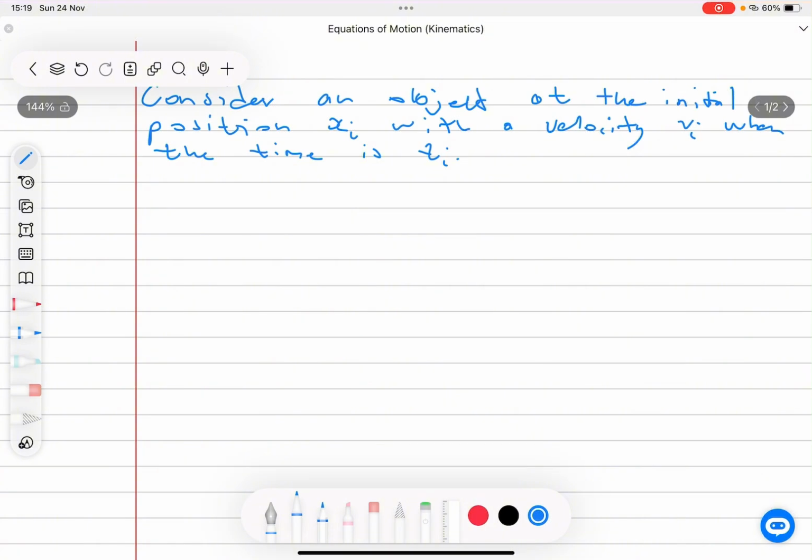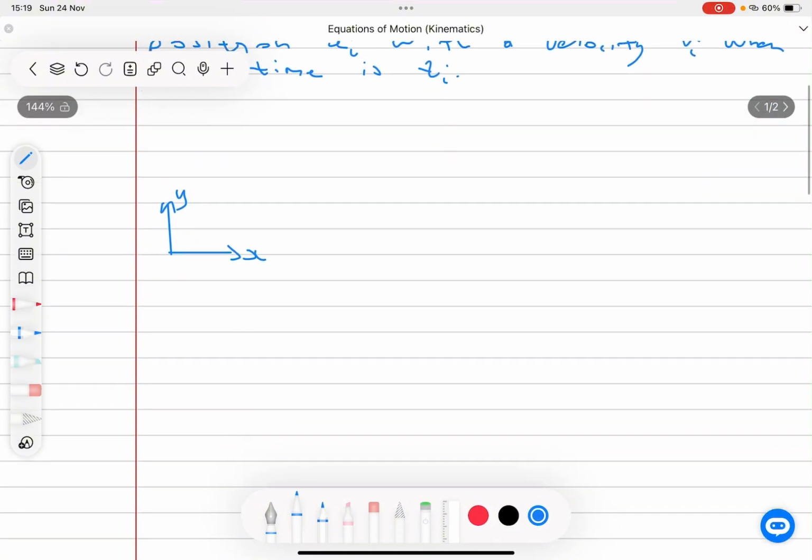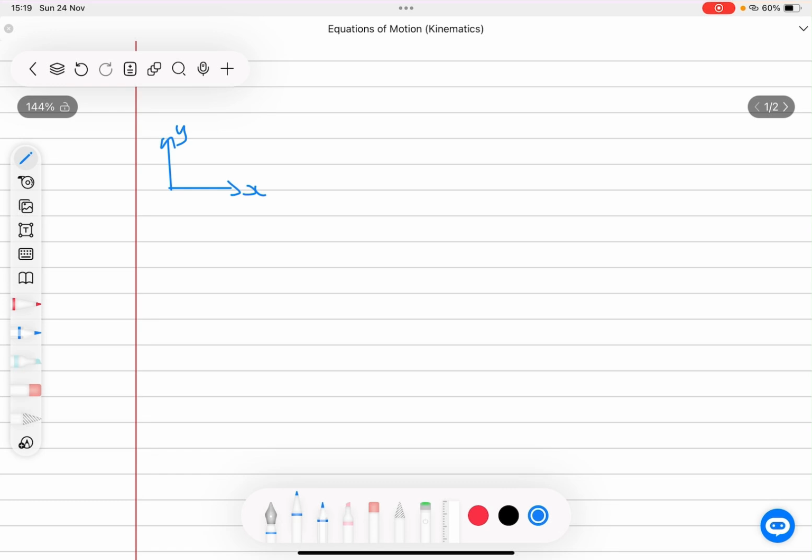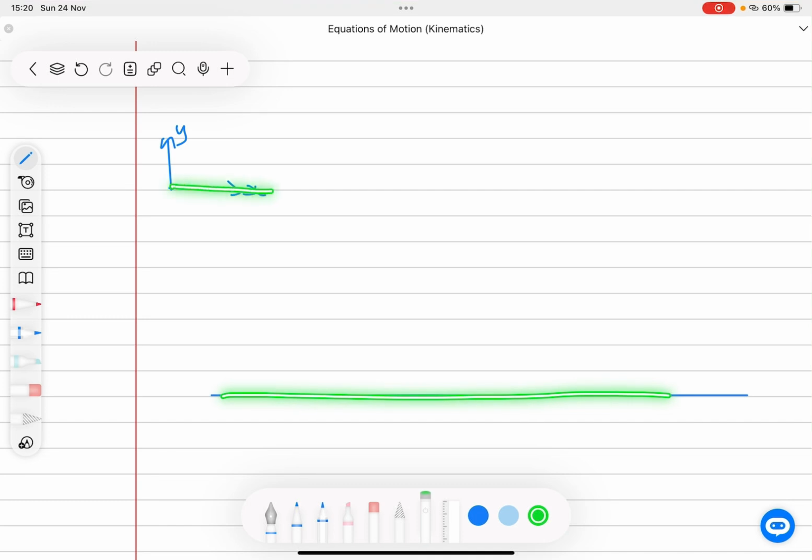Now, to demonstrate this on a diagram, I will choose a reference frame where I have my x axis this side and my y axis. I'll choose to work with the x-axis. So my motion is occurring along a line parallel to the x-axis on my frame of reference.